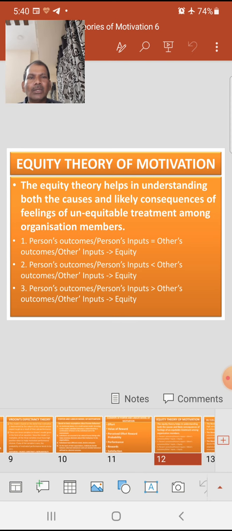Adams has defined two specific words, namely person and other. Person is any individual for whom equity or inequity exists. He is comparing with others and stating that he is not fairly treated. Sometimes he is rewarded more than others, which means he gets more satisfaction.